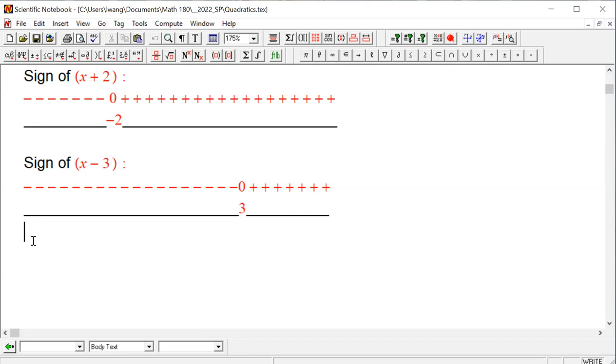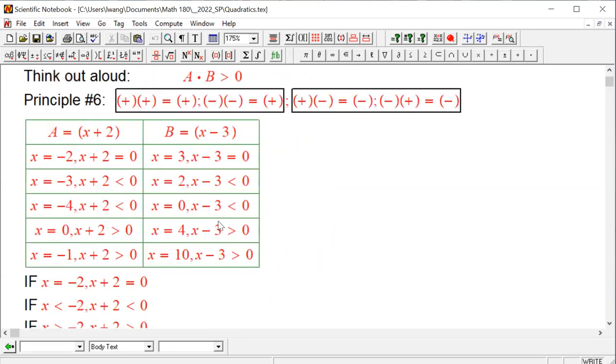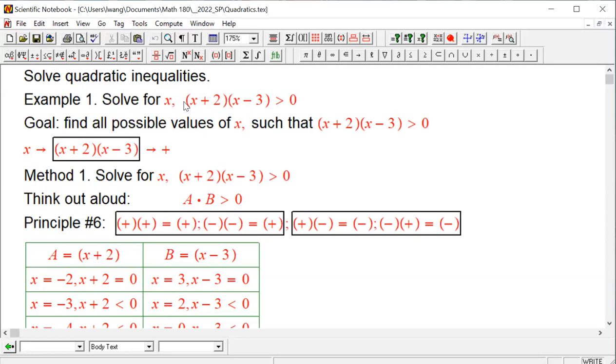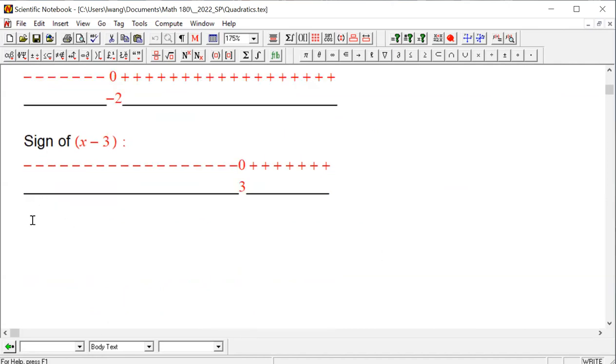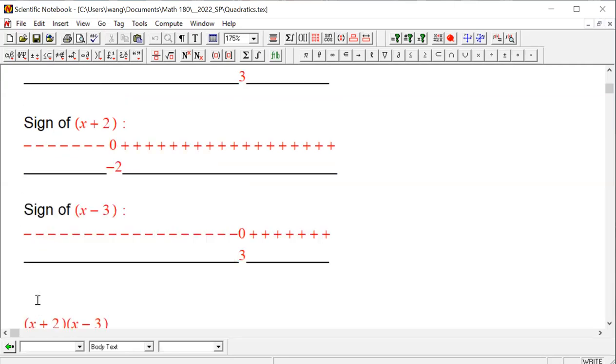Because ultimately we need to look at the sign of x plus 2 multiplied by x minus 3. We want that to be positive. So for the sign of the product, all we have to discover is when the product is positive.